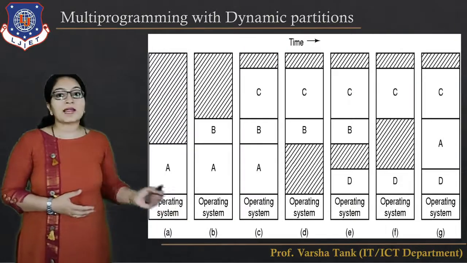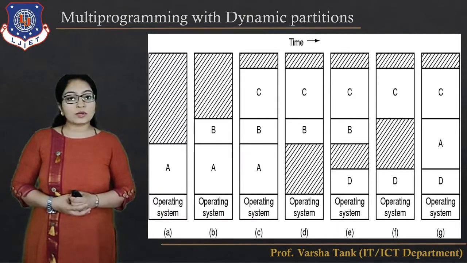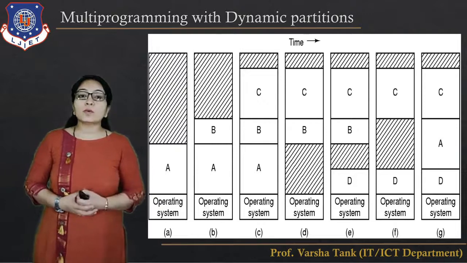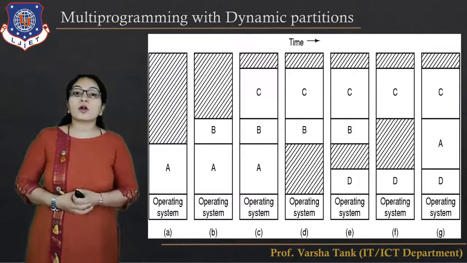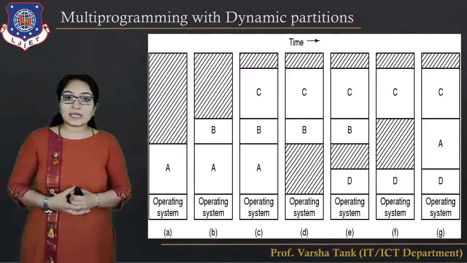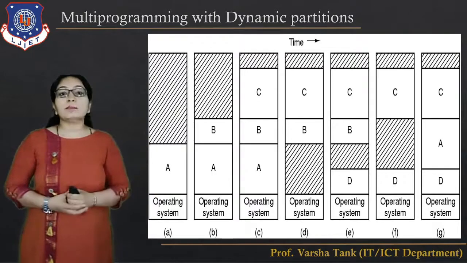It will be the first partition, and whenever any new process comes, it will be assigned according to that process size. Here you can see first process A is there, after that process B will be assigned, after that process C will be assigned.